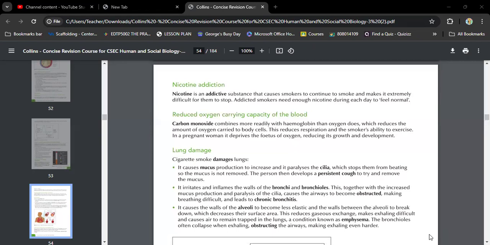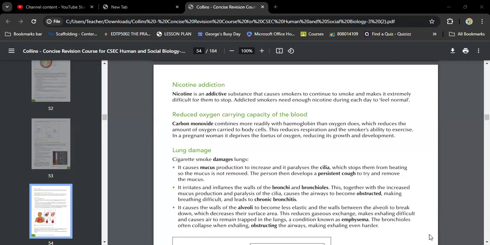Another thing is that smoking reduces the carrying capacity of the blood. I would have mentioned this in our previous recording about carbon monoxide. Carbon monoxide attaches itself to the hemoglobin, and hemoglobin is what transports the oxygen in blood, right? As a result, it reduces the amount of oxygen being carried to the blood cells.